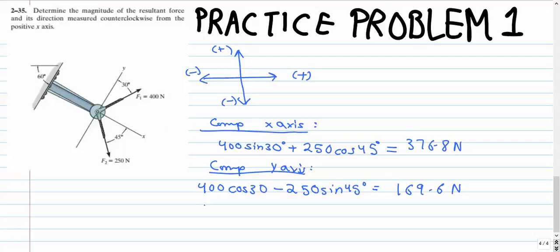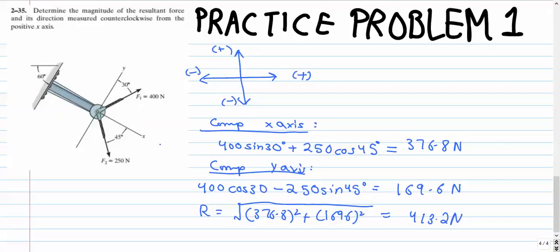Finally, to get the magnitude of the resultant force, we will simply apply the resultant force formula. And we get 413.2 newtons.